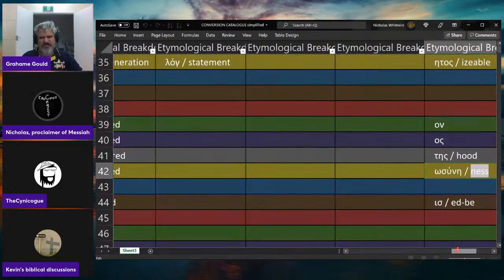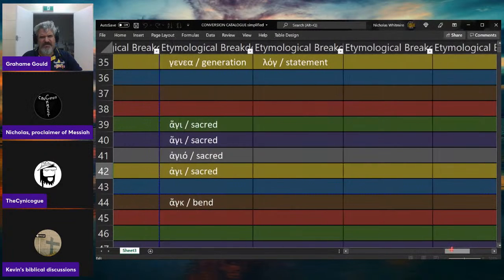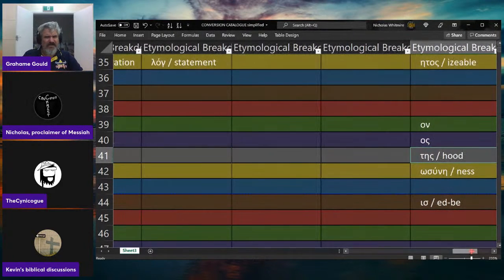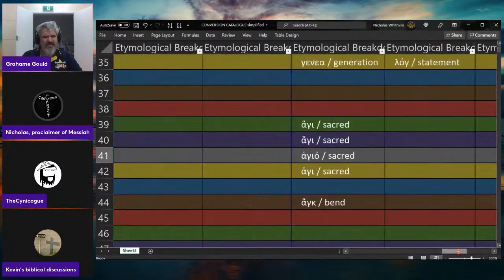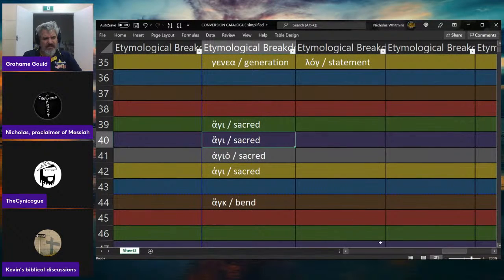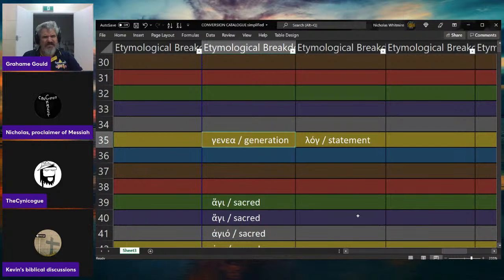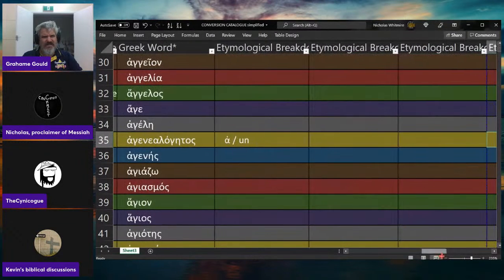And then there's more detail because you would get into various forms. So these are like a representation of the various forms of the same word. But the point is that you see how the agi means sacred. And here is a very good example, actually a perfect example.